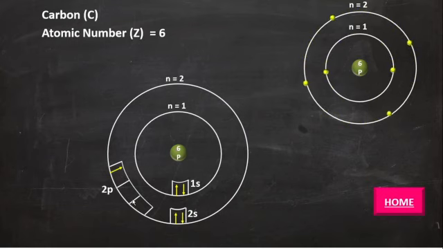So whenever there is more than one equi-energy orbital available, all these orbitals are filled by one electron each, isn't it? Then the pairing will take place. So the sixth electron will not pair up with this electron. Instead, it will occupy the other empty orbital here. So here is the sixth electron I am showing you.